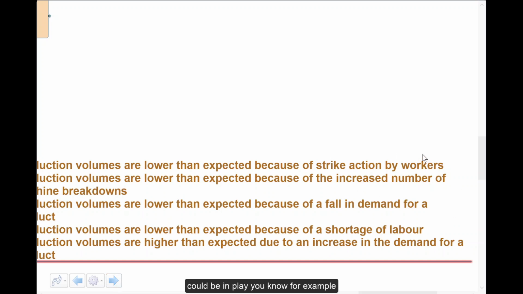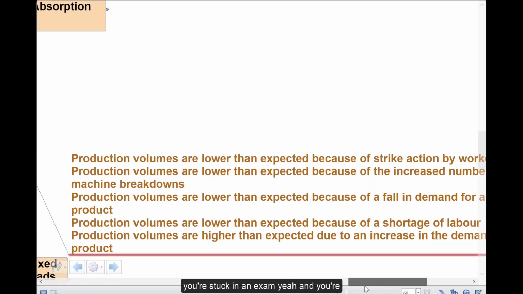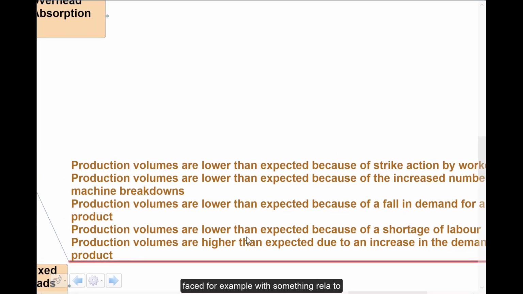For example, strike action. Okay, outside of that, machine breakdowns, maybe fall in demand, maybe shortage of labor, maybe increase in demand. So again, if you're stuck in an exam, and you're faced, for example, with something relating to the cause of a production overhead variance, try and think logically.